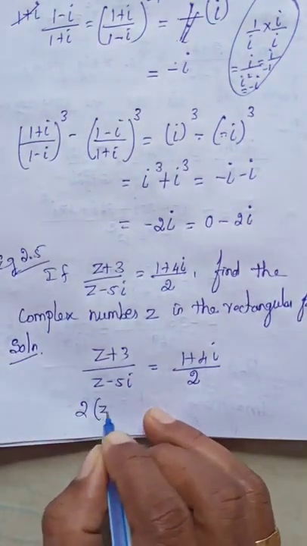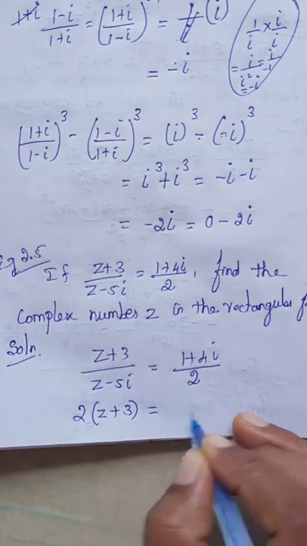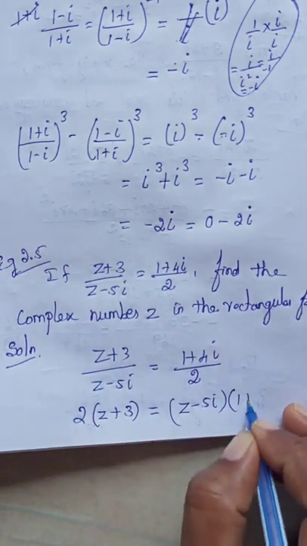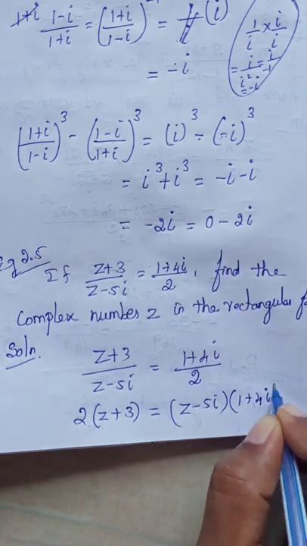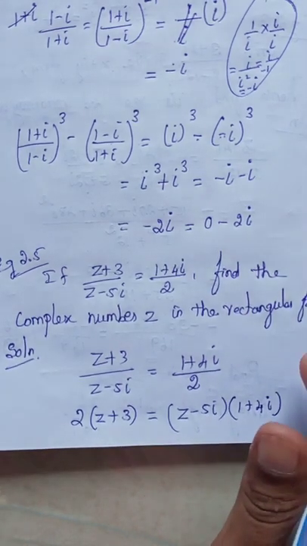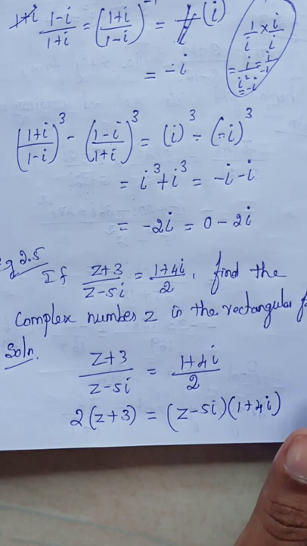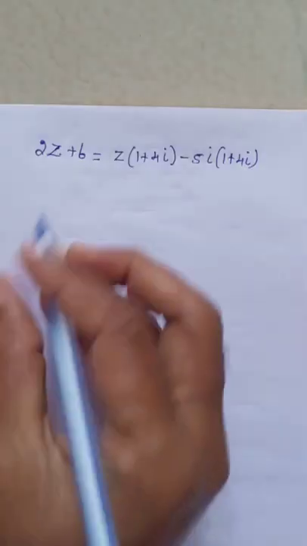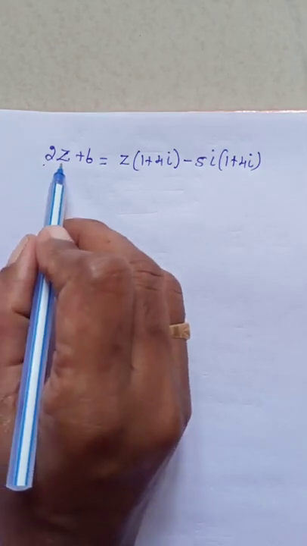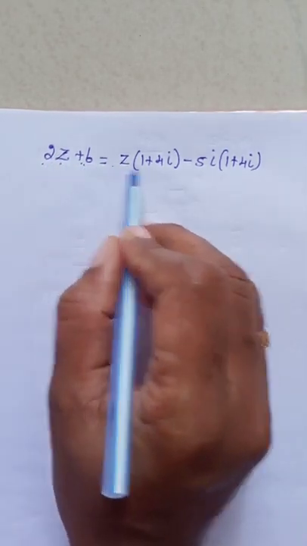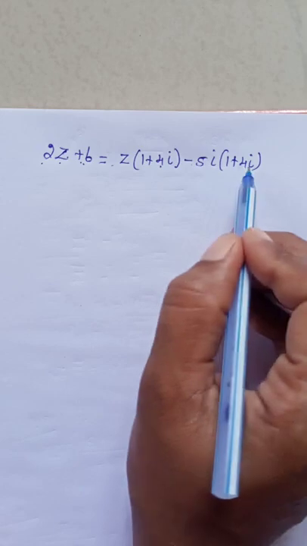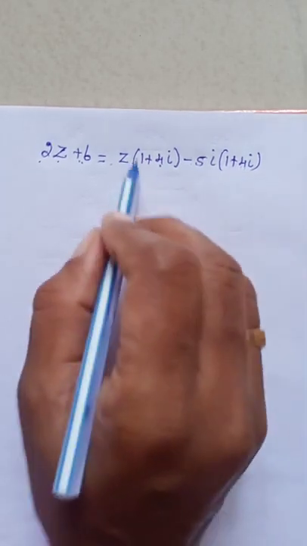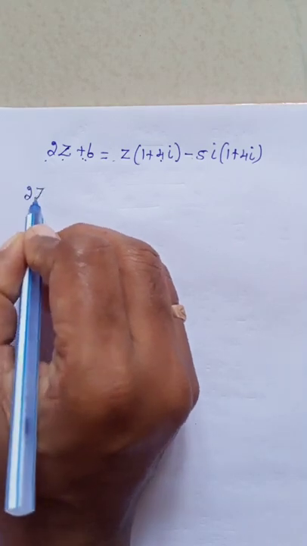So, 2 into (z plus 3) is equal to (z minus 5i) into (1 plus 4i). First we can find out what z is. I have just multiplied 2 into z plus 2 into 3 is 6. Now z into (1 plus 4i) minus 5i into (1 plus 4i). Actually z we need, isn't it? So bring the z to one side.